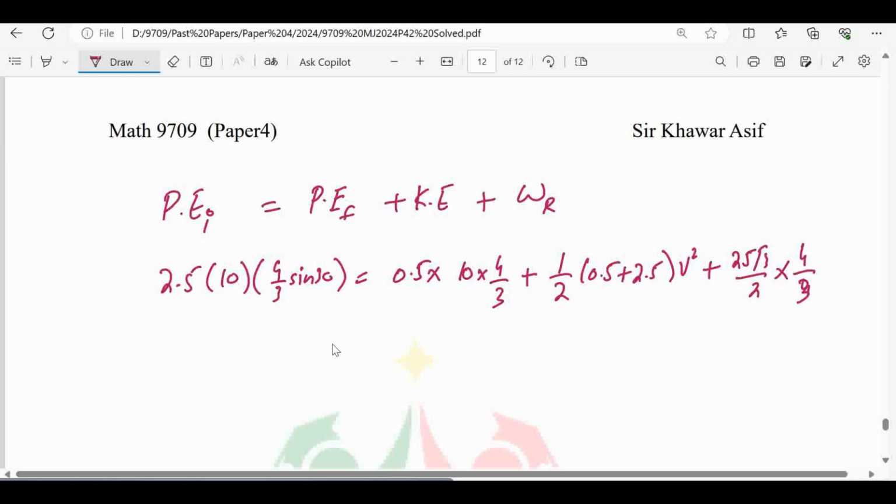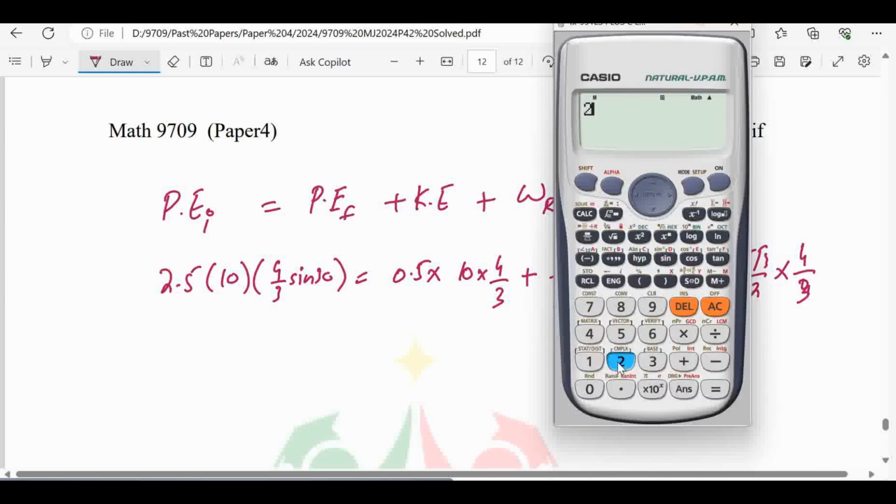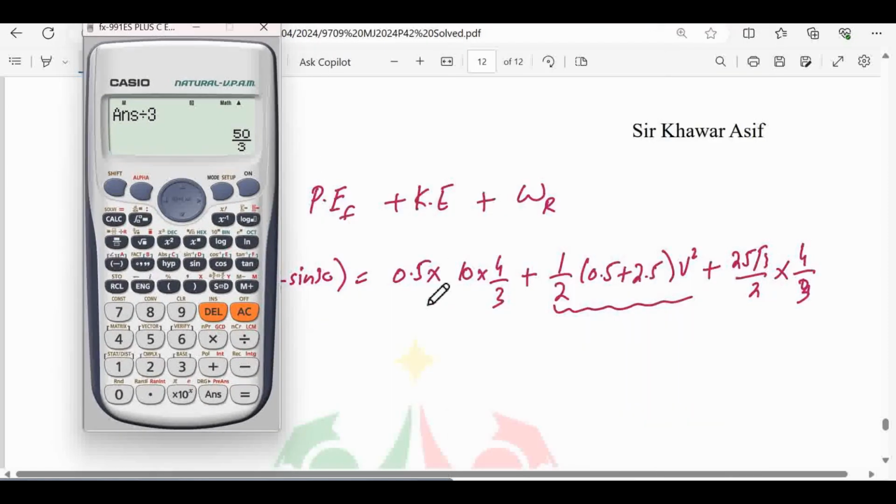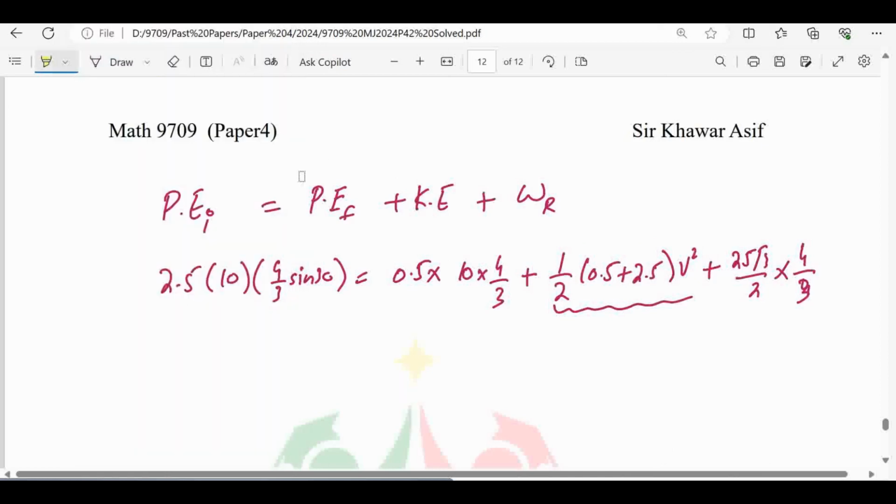This will be equal to... v is only in this equation, so let's simplify it on the calculator directly. So we will have 2.5 multiplied by 10 multiplied by 4 multiplied by sine of 30, whole divided by 3. Okay, 50 by 3. Now we have to subtract these two expressions.